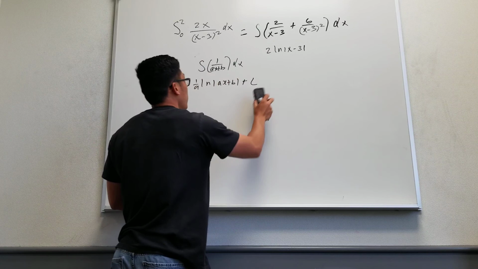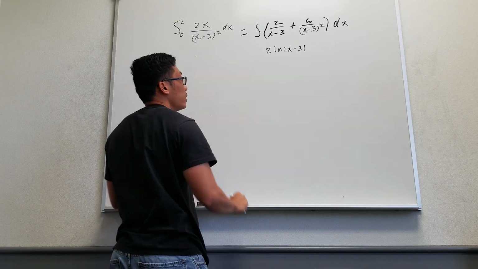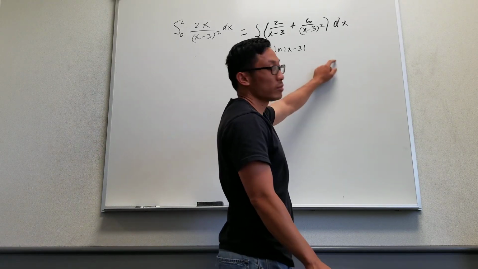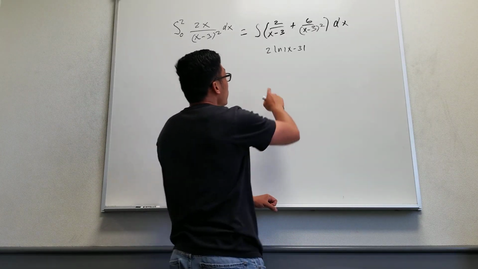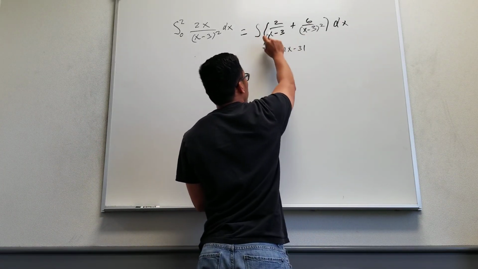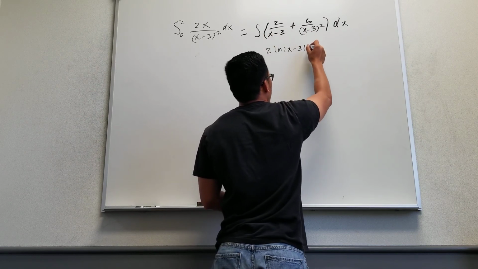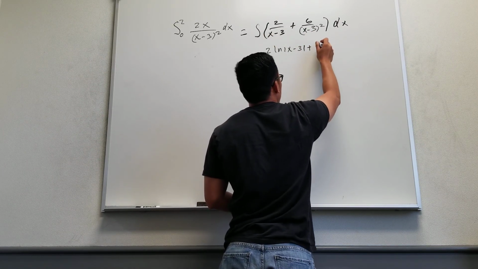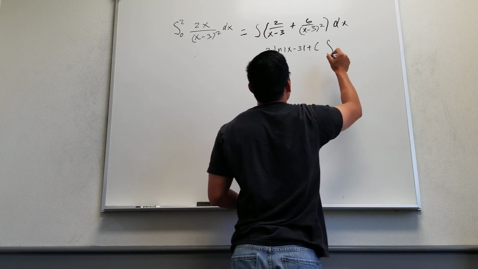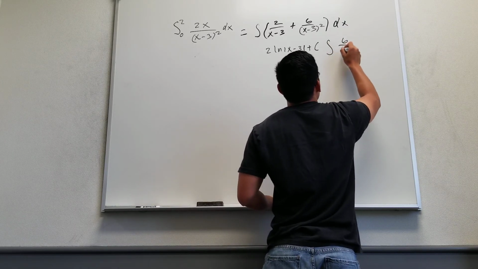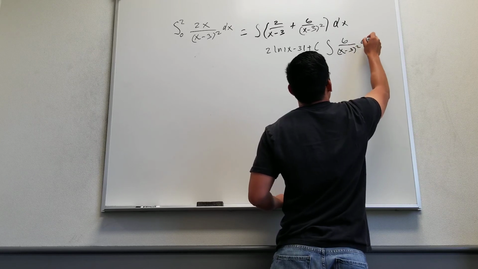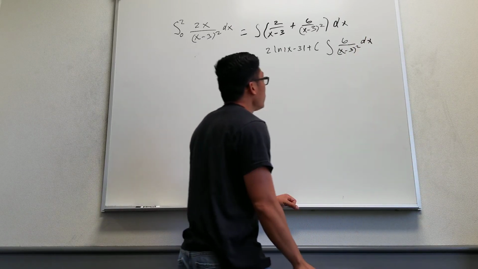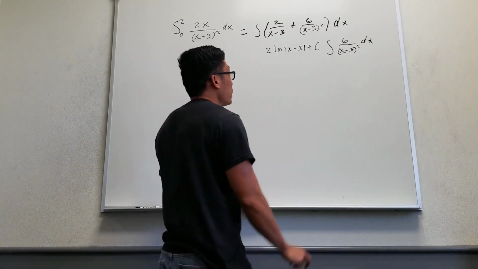So that's it for that one. Then for this one we have to do something about it. We can think about it as two different terms and separate them. So we can say plus C if you want to, then the integral of 6 over (x minus 3) squared dx. Now we just need to simplify this part right here.